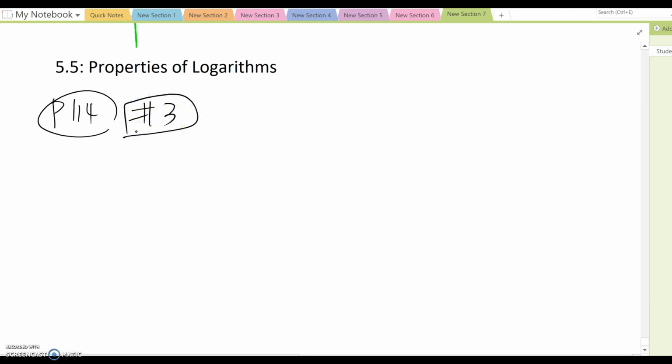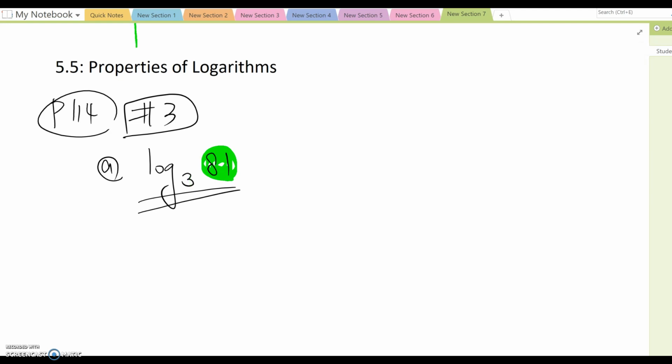Then you will see an example, log base 3 of 81 here. Okay, then how do we analyze this value? First of all, you need to find the prime factorization of 81.